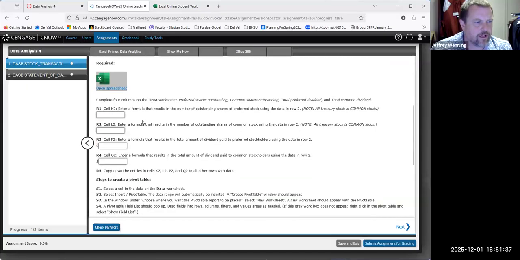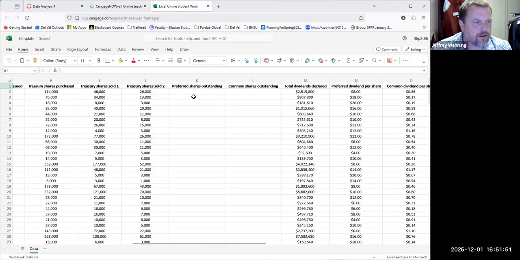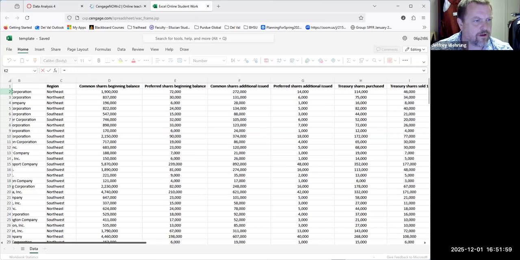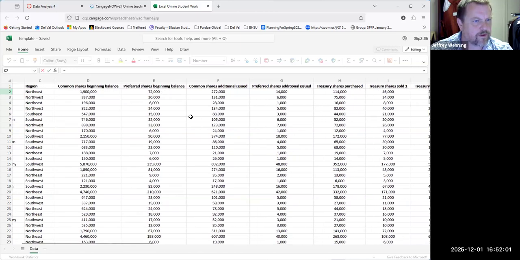Okay. Question one, cell K2: enter a formula that results in the number of outstanding shares of preferred stock using the data in row 2. So preferred stock outstanding is going to be equal to, we can see what we have, preferred stock plus additional preferred stock.